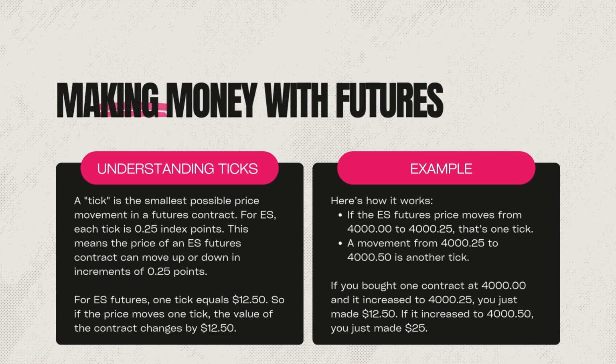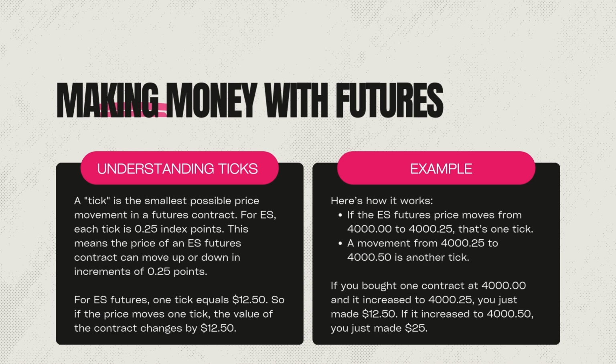If the ES futures price moves from 4,000 to 4,000.25, that's one tick. If it moved from 4,000.25 to 4,000.50, that's another tick. If it moved from 4,000 to 4,001, that's 4 ticks, because 4 quarters go into a dollar. 0.25 goes into 1 four times. That's the easiest way to think about it.